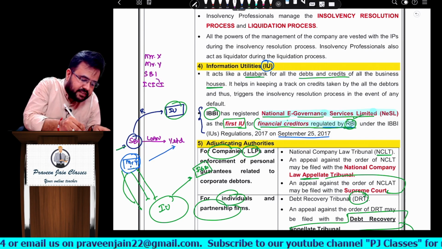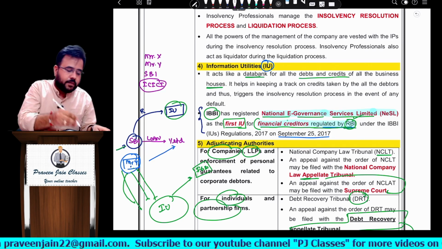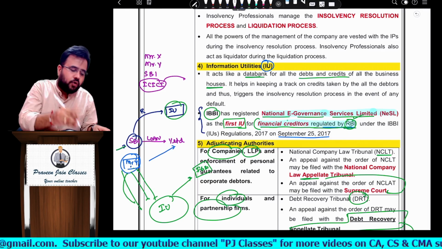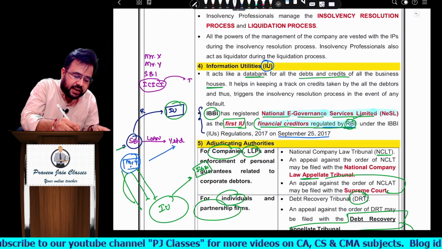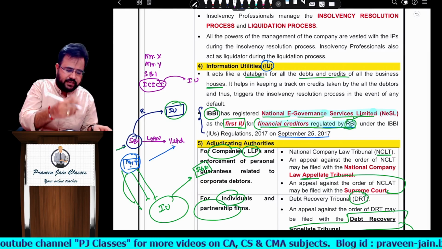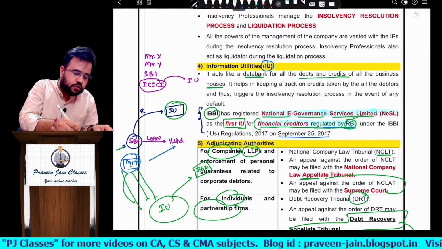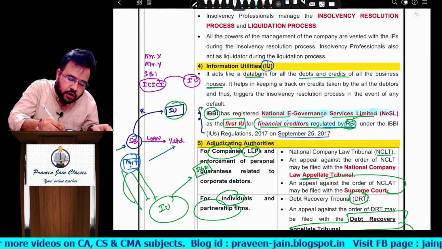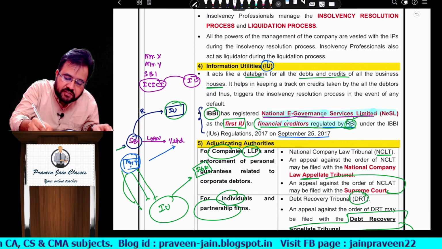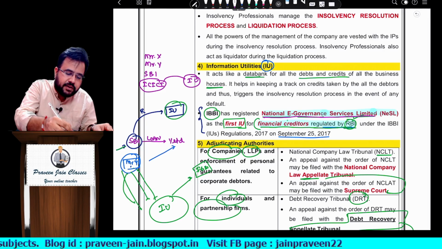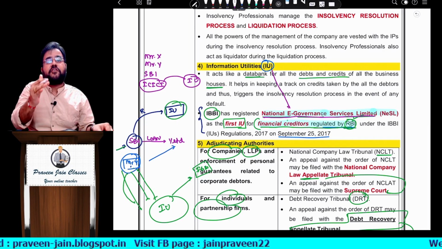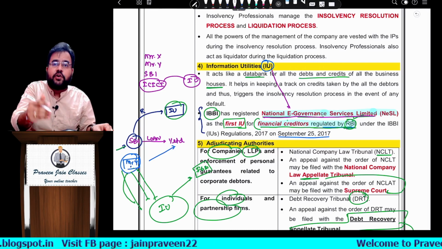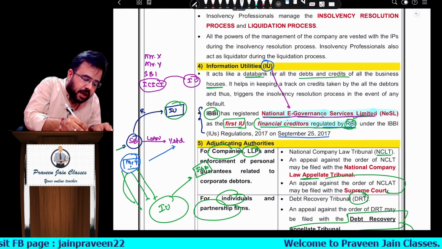Agreed? So ICICI, when they give the loan, obviously at the time of giving the loan might have recorded this fact in the IU, sir. So can I say it will be very easy for them to take the copy from the IU, because today National E-Governance Services Limited has been established as an information utility for financial creditors governed or regulated by whom, sir? RBI.